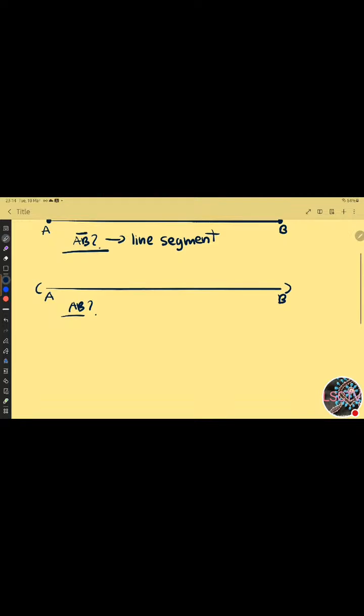This one, however, is extending. Here, AB is a line. A line extends infinitely in both directions. Okay?